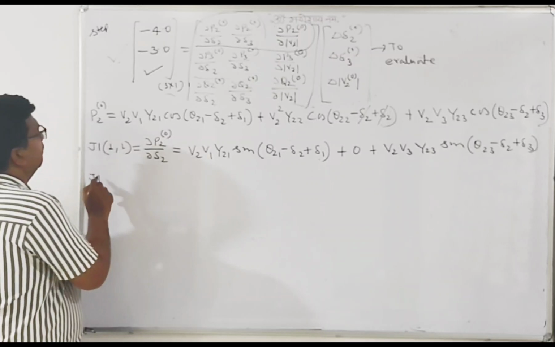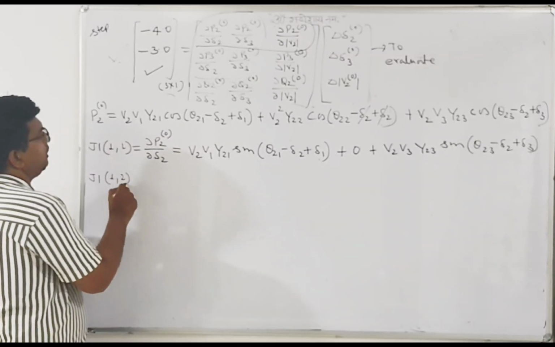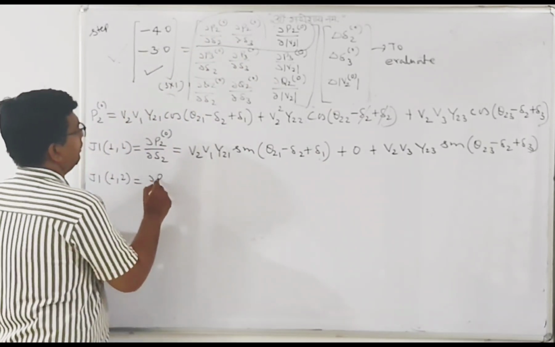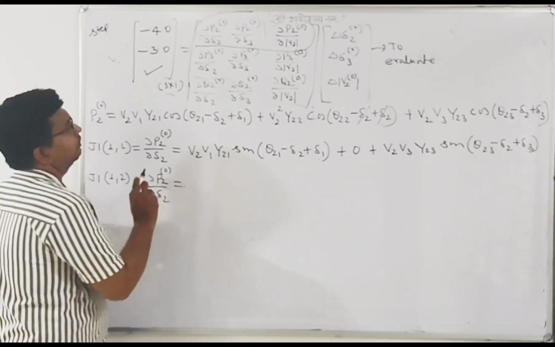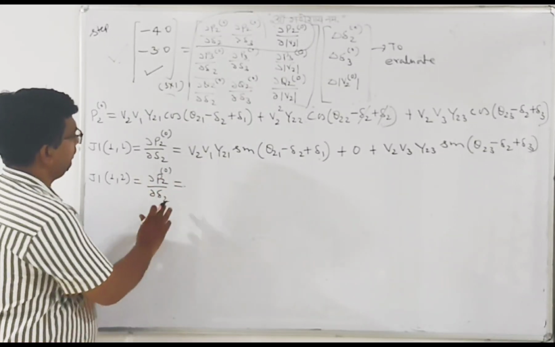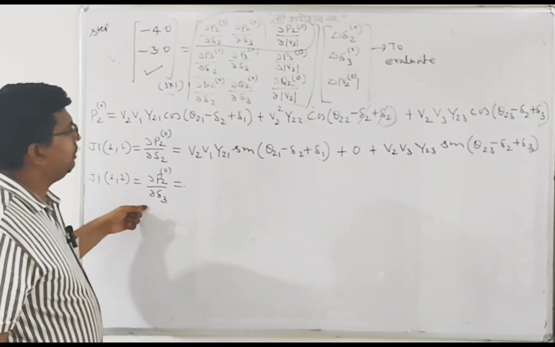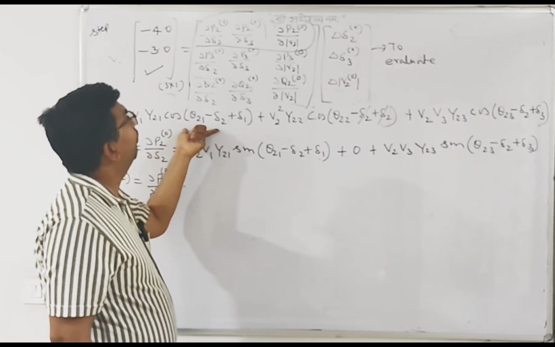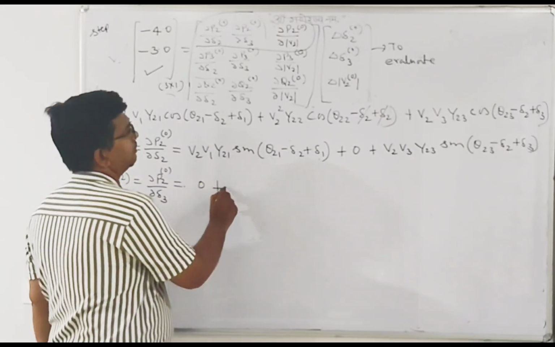Similarly, when I determine J12, the first row second column, this becomes delta P2 with respect to delta 3. So you have to see where the delta 3 is. Is there any delta 3? No. So this term becomes 0 plus.